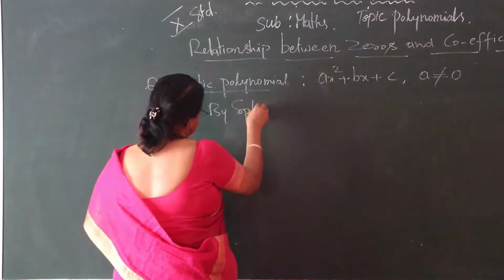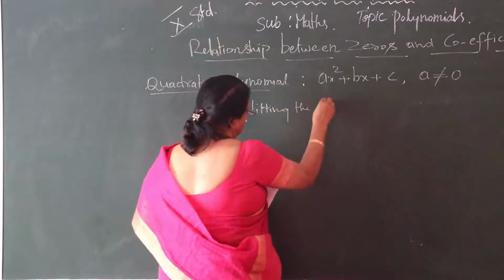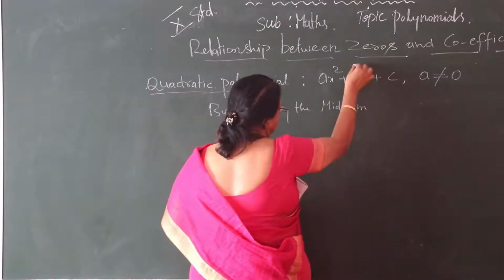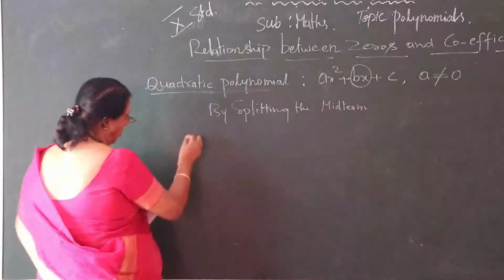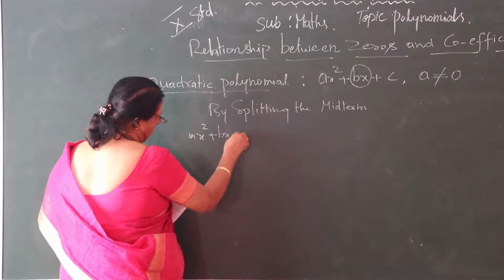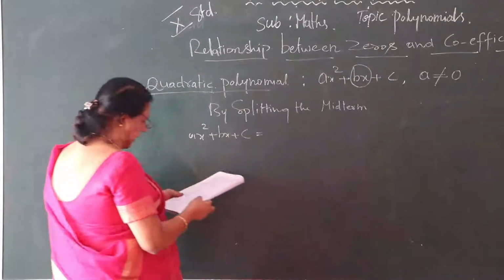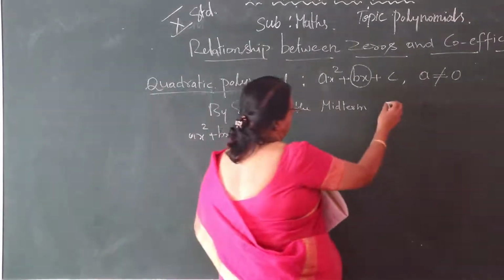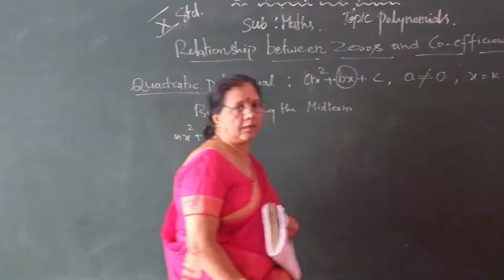Splitting the middle term. Which is the middle term? This is the middle term. So now ax square plus bx plus c, substitute x as k.